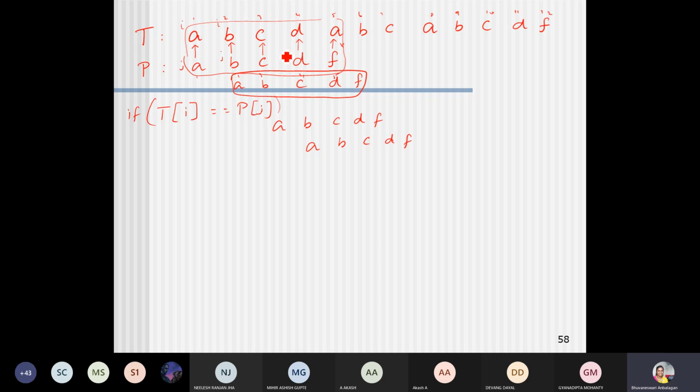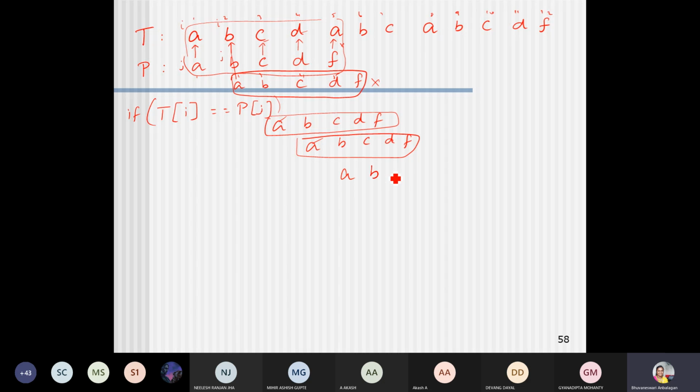That is the thing you have to understand. You are simply shifting the pattern one step to the right and keep checking the pattern's template against the text. Again, here also it fails because the first character itself fails. Yes, C and A failed, and D and A also failed.